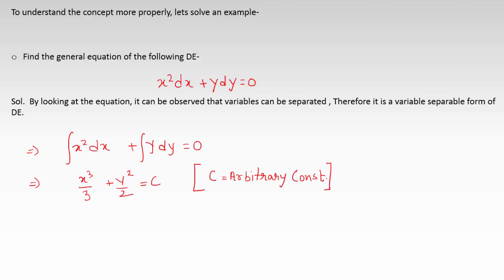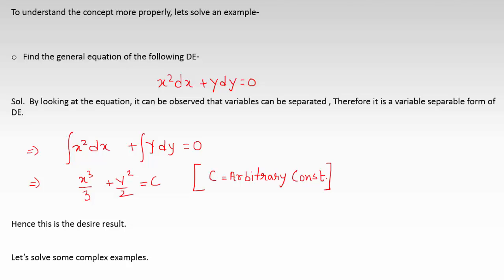Now we proceed by integrating: integration of x square dx plus integration of y dy equals 0. Then we get x cube divided by 3 plus y square divided by 2 equals c, and c is the arbitrary constant. We have to put it every time, as I have already told you, after the integration. So this is the desired result.